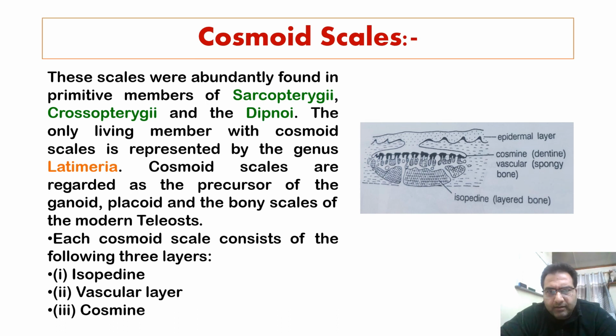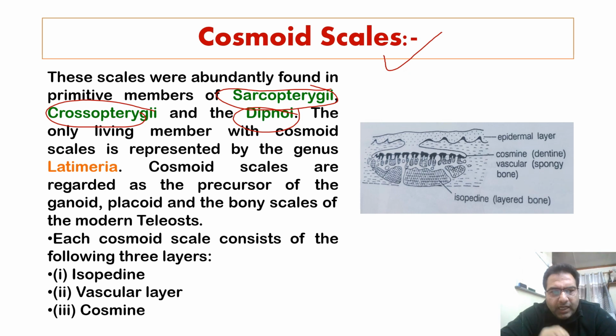Now the second category among the non-placoid scales is the cosmoid scale. These scales are abundantly found in Sarcopterygii, Crossopterygii, and Dipnoi. So cosmoid scales are found in the primitive members of the Sarcopterygii, Crossopterygii, and Dipnoi.